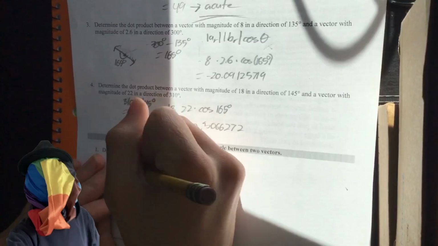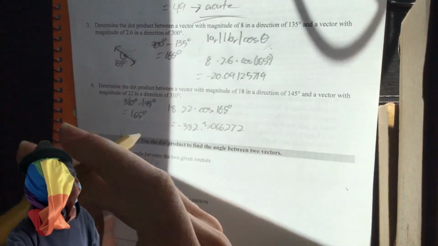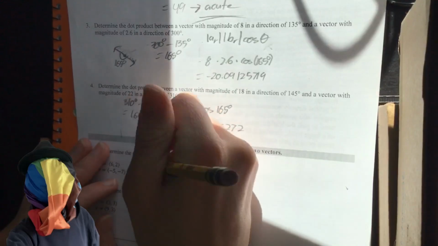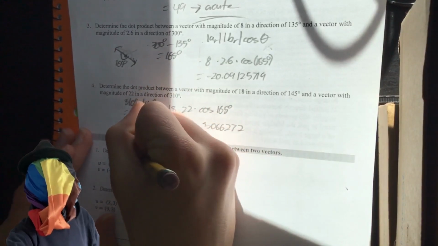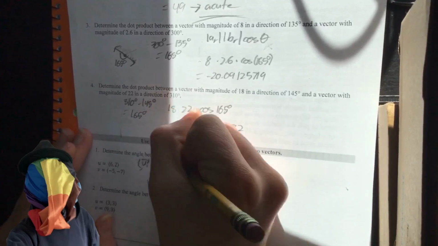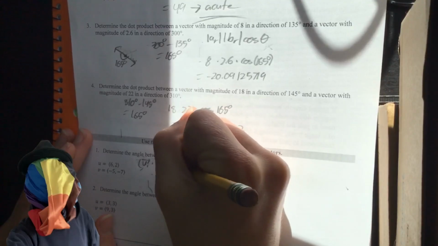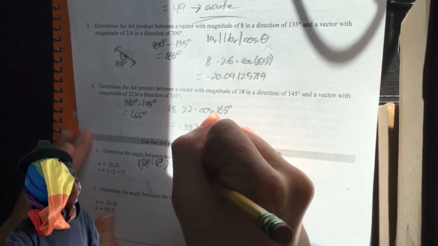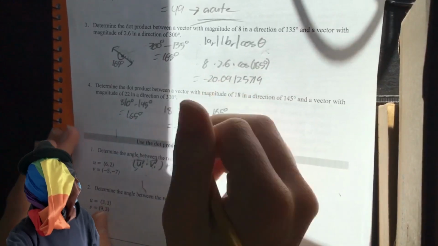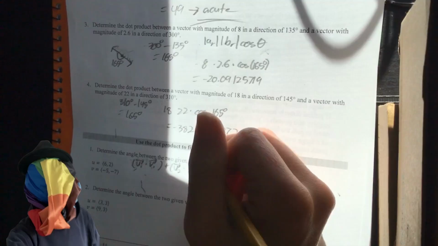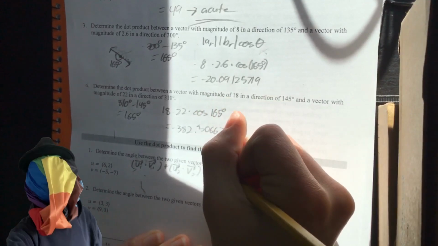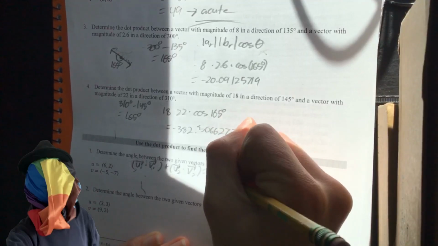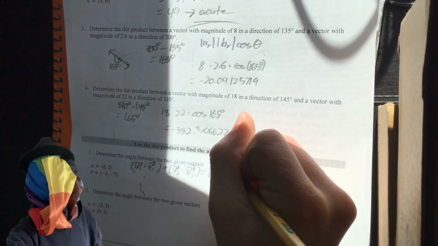So u1 times v1 plus u2 times v2 equals the magnitude of u times the magnitude of v times cosine theta.